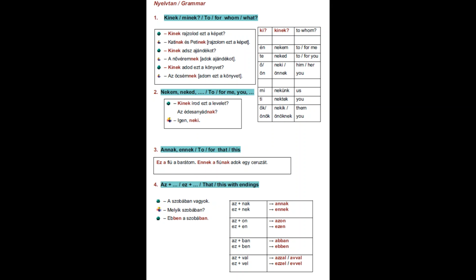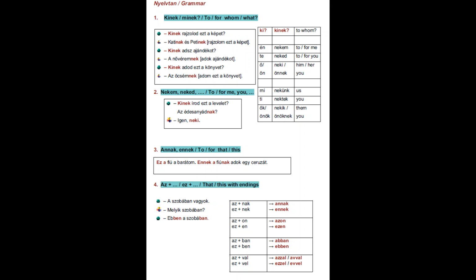Okay? So, ki. Ki is who. Kinek is to whom or for whom, right? So, ki is who. Kinek. For whom?